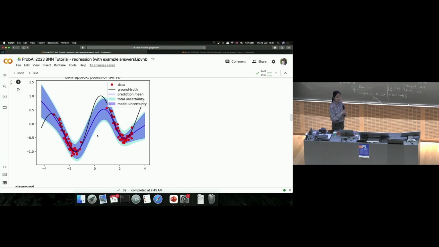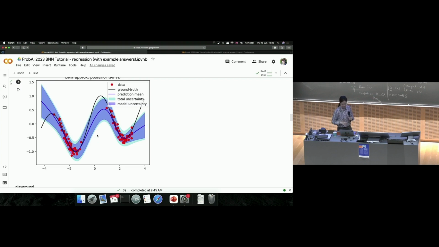Okay, so in this example, if you play around for a long enough time, with different initialization and different learning rates or different number of iterations, you actually find that either you get to a place where you are overall uncertain, or you get to a place where you're overall very certain, even in the in-between region when you don't have data points.